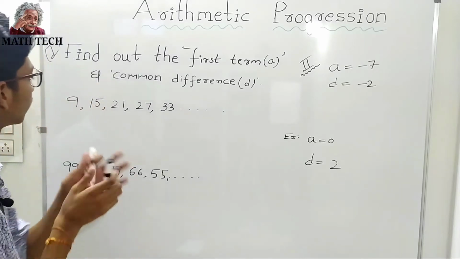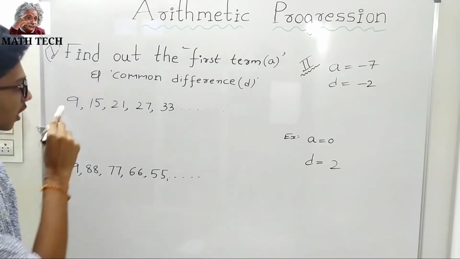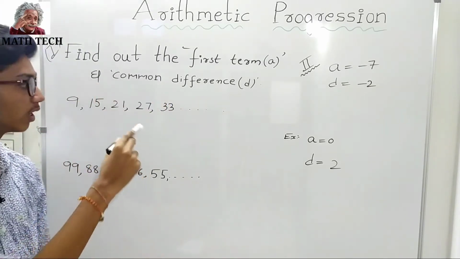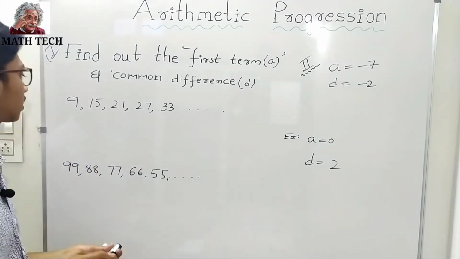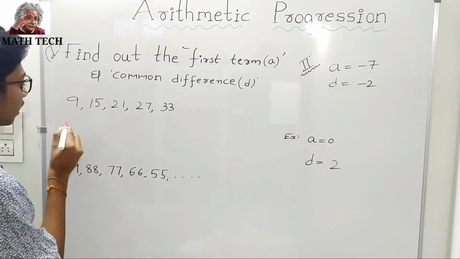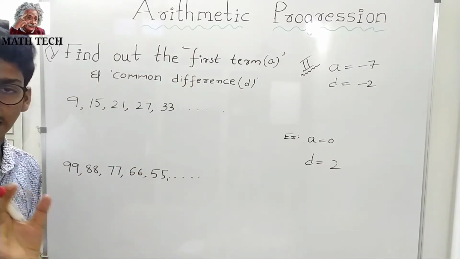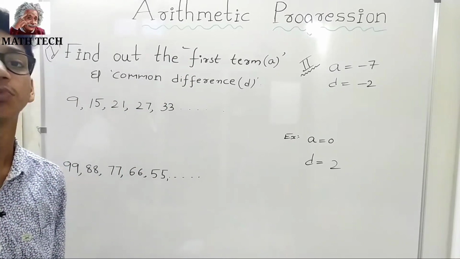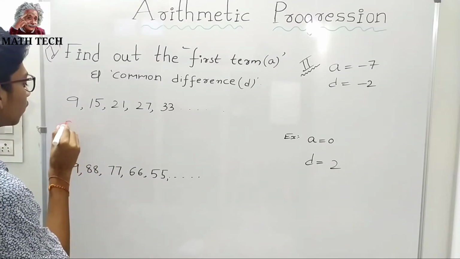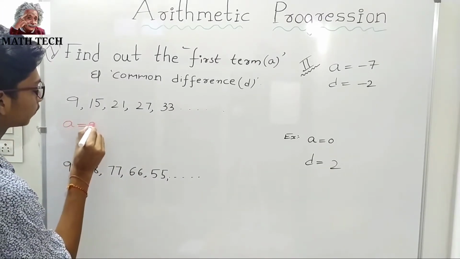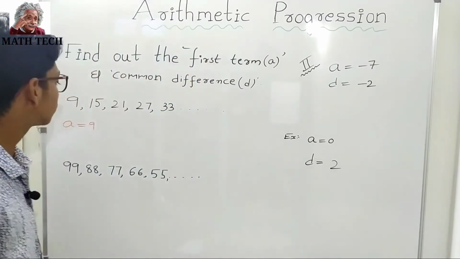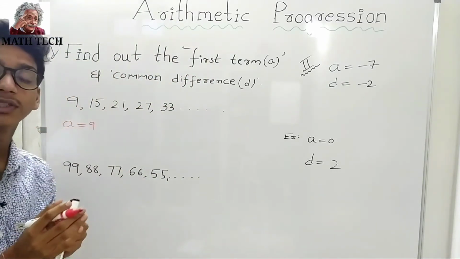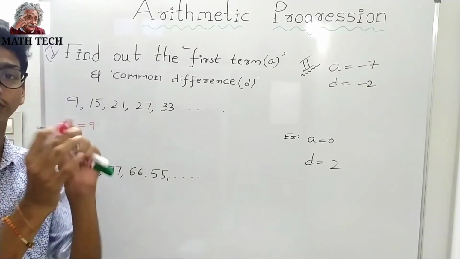The given arithmetic progression is 9, 15, 21, 27, 33. The first term is denoted by a and the common difference is denoted by small d. So the first term is 9. We already know that the common difference is the difference between two consecutive numbers.